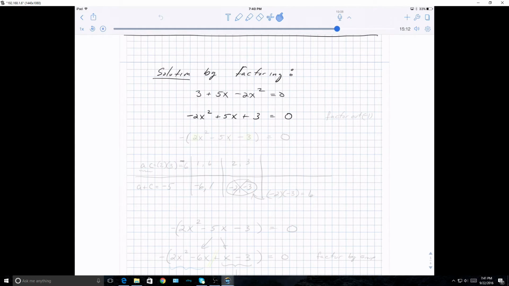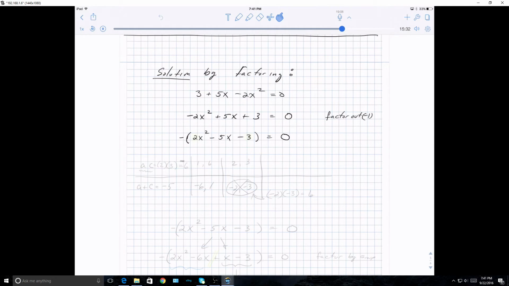And now what I'm going to do is factor out a negative 1, just so we can make it easy. So we have 2x squared minus 5x minus 3, and have that equal to 0.